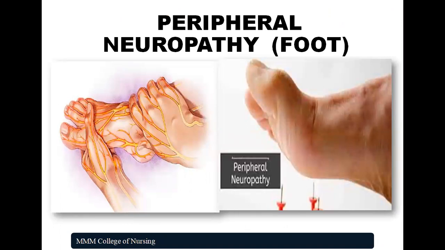The first one is peripheral neuropathy of the foot. Uncontrolled diabetes can damage nerves. Damaged nerves in the legs and feet may not heal, or they may not feel heat, cold, or pain. This lack of feeling is called sensory diabetic neuropathy.